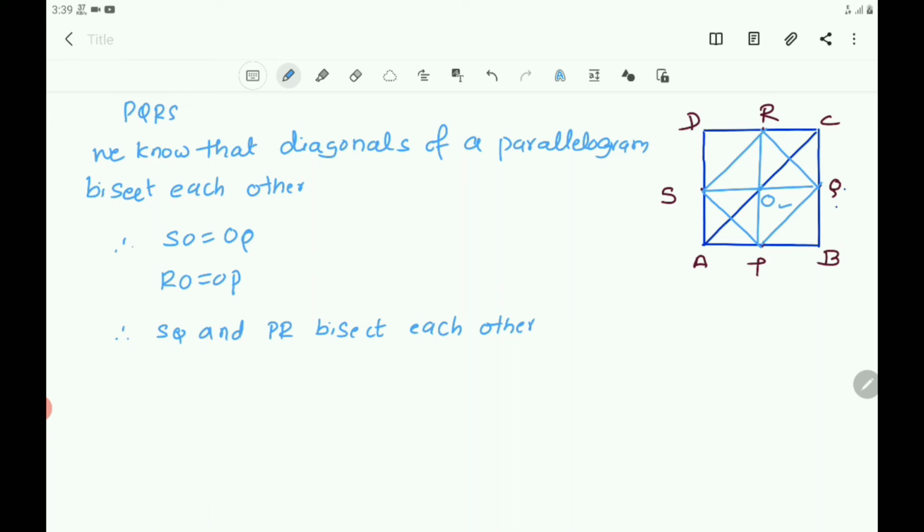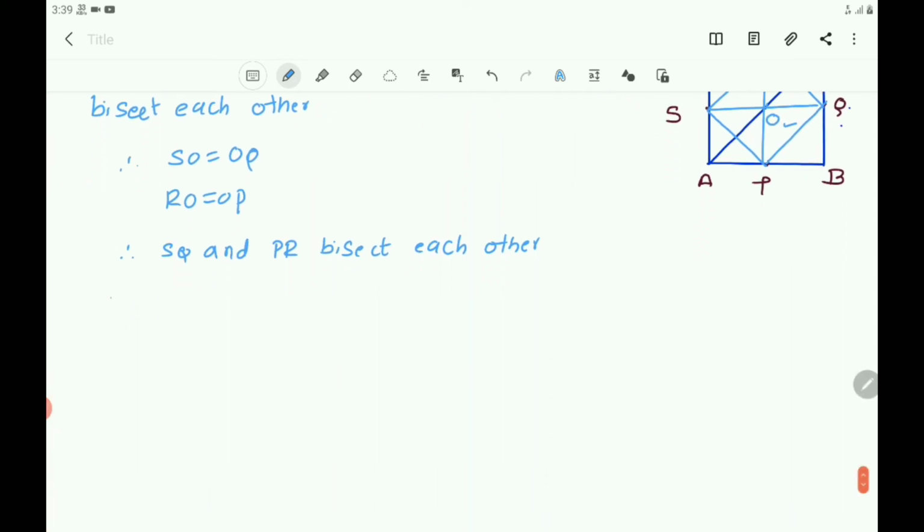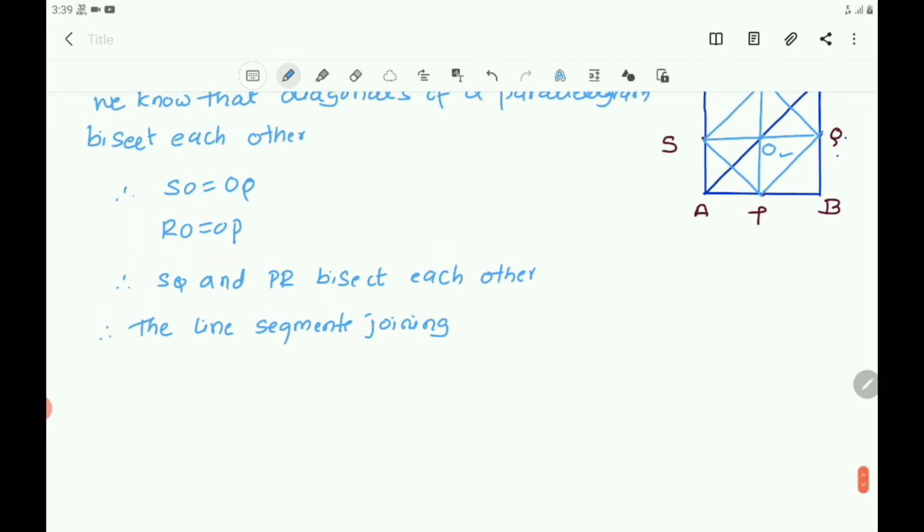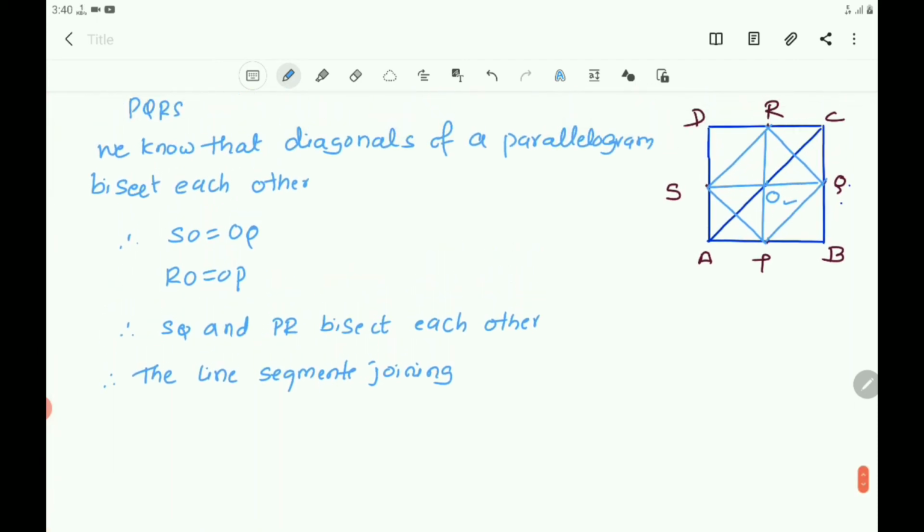Therefore, you proved that the line segments joining the midpoints of the opposite sides of a quadrilateral bisect each other.